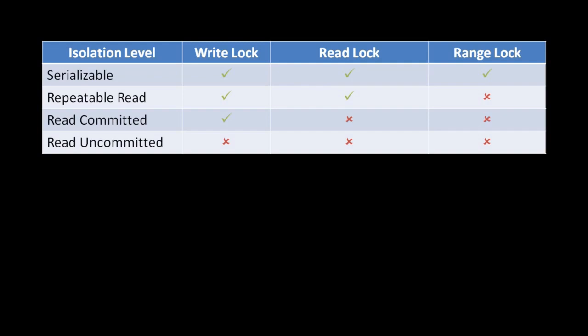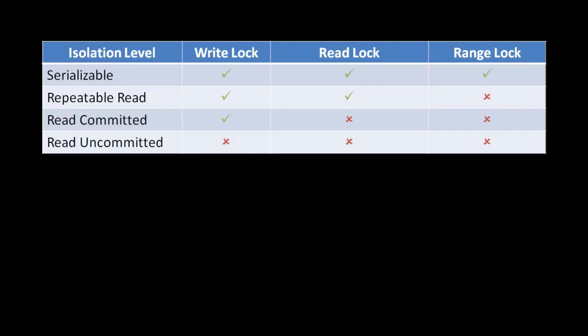In the highest level of isolation, serializable, a transaction will acquire all 3 kinds of locks. It will acquire write locks, read locks, and range locks. Locks are a tool used to resolve concurrency issues, which work by simply acquiring a so-called lock on a piece of data, that is, staking a claim on a piece of data such that all other actors who wish to use that piece of data either are prevented from using it while it's locked, or those other actors are expected, if not required, to check and see whether a lock has been acquired on the piece of data before that actor attempts to use the data.